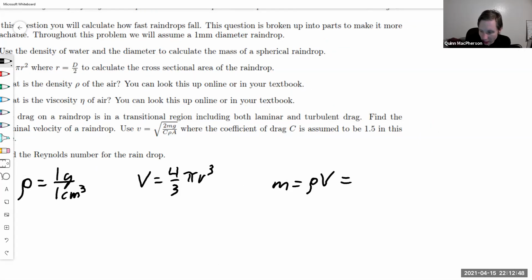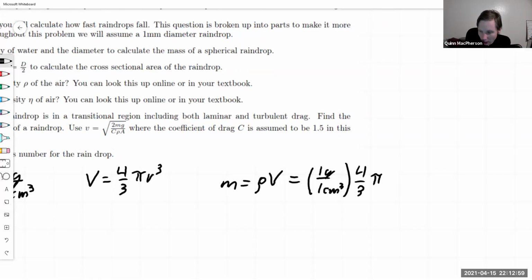So we can calculate it as rho, which is 1 gram per centimeter cubed, times 4/3 pi, and then r is 0.5 millimeters.